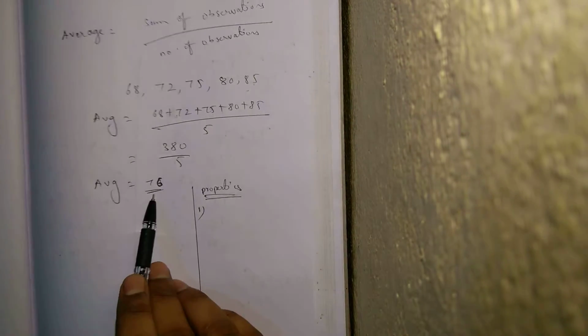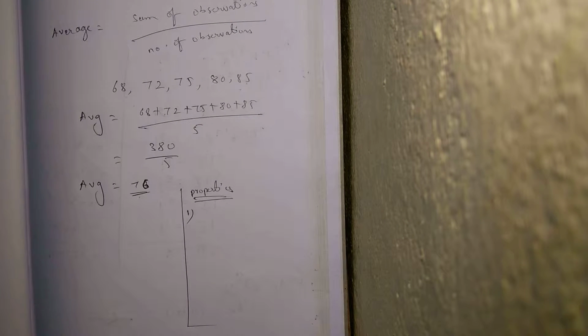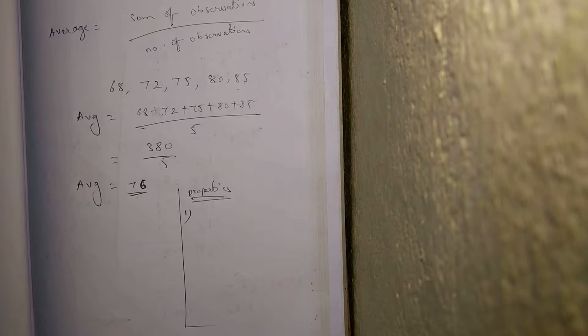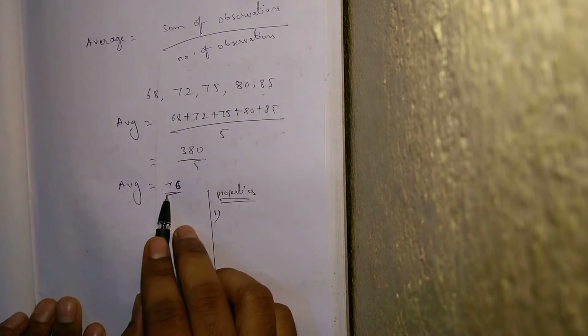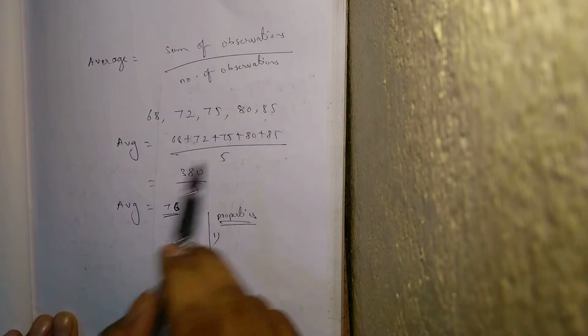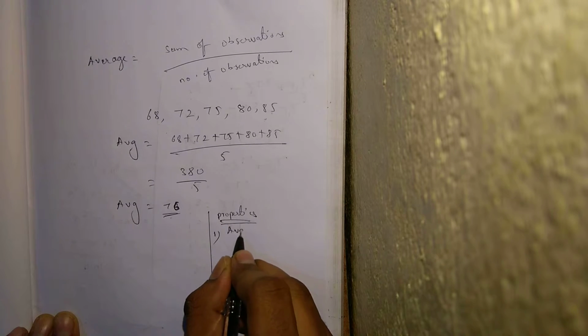And what is your average marks? 76, right? So the average value always lies between the least and the greatest. Moreover, the average value is always greater than the least and lesser than the greatest one.